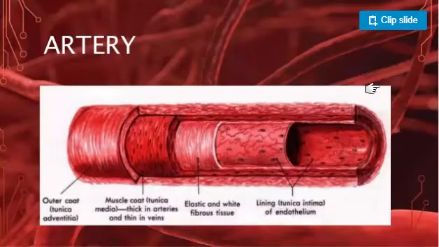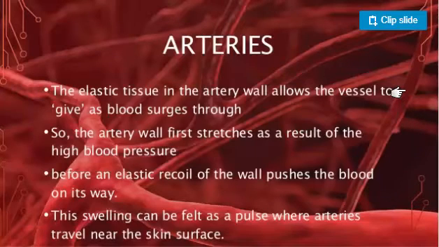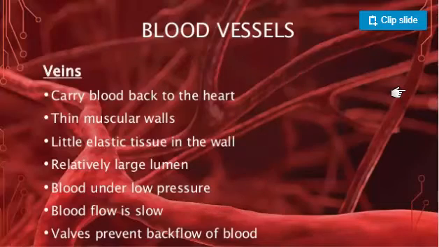Of course, you have to know that the arteries always carry the blood from the heart at a high pressure, because as the blood leaves the heart, it has to be pushed with a great pressure in order to reach all your cells. Then we move to the veins.